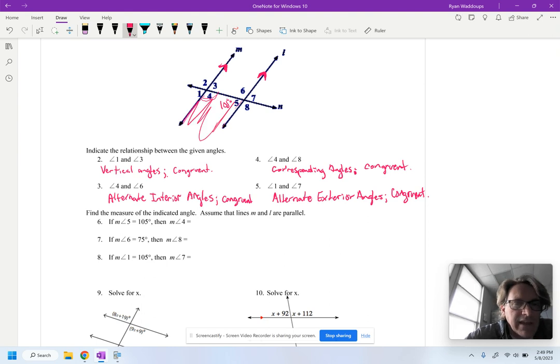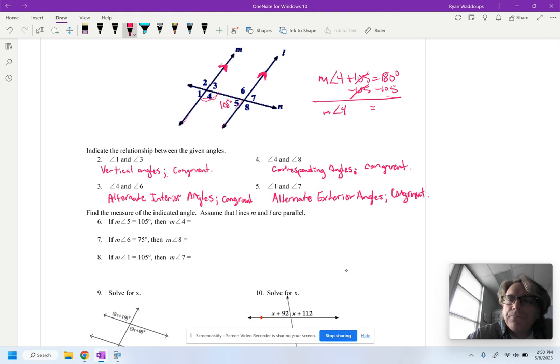And so they will be supplementary. So I can say the measure of angle 4 plus 105 equals 180 degrees. I then subtract 105 from both sides. And the measure of angle 4 would be 75, right?